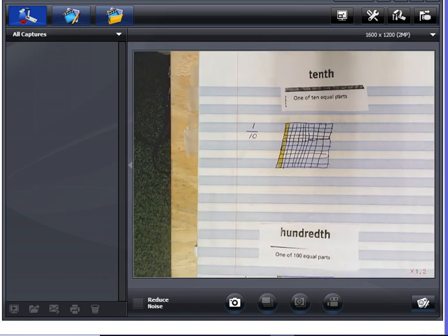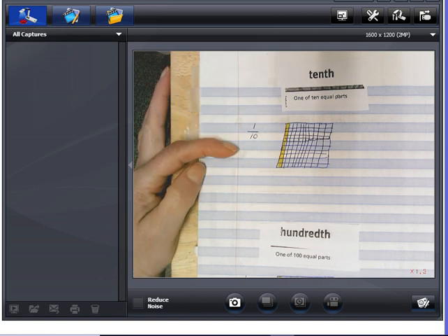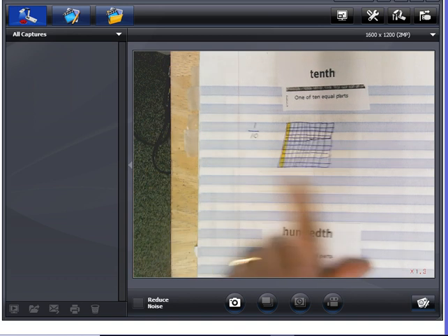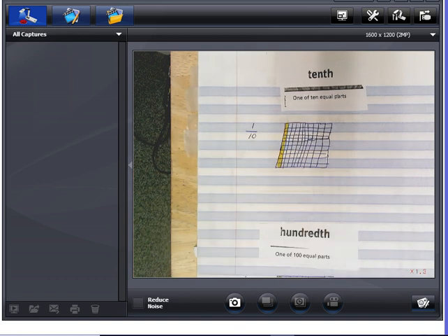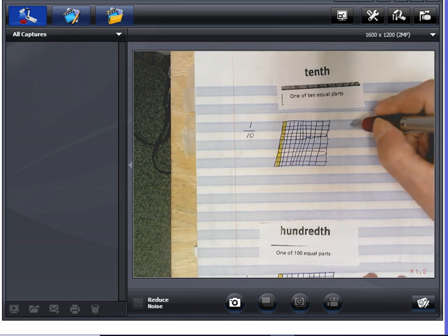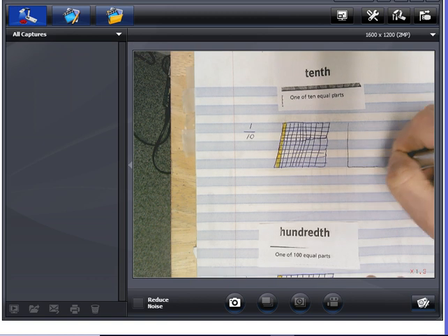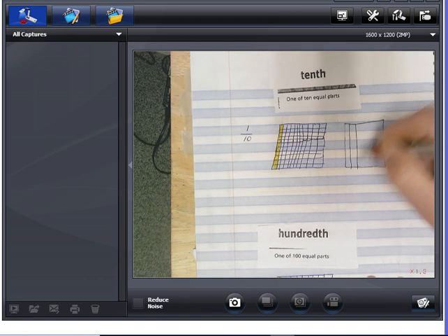We have tenths. It's 1 of 10 equal parts, so I did 1/10. I wrote it as a fraction. Here's a quick diagram. I did 10 pieces. 1/100th. I drew a square, and it could look like this, and just do 10 equal pieces.